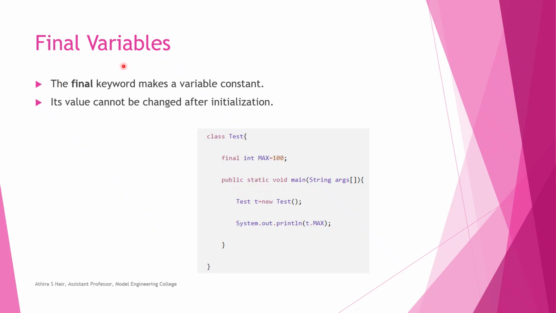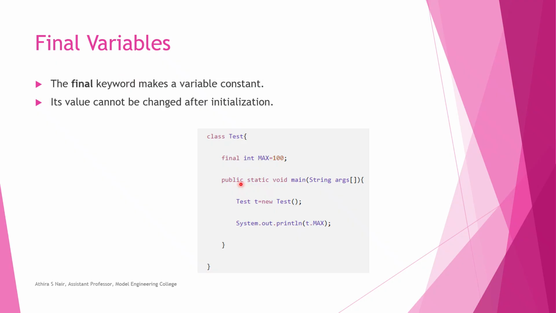Now let's discuss the final keyword. So when we declare a variable as final, its value cannot be changed after it has been assigned. It's like a constant.